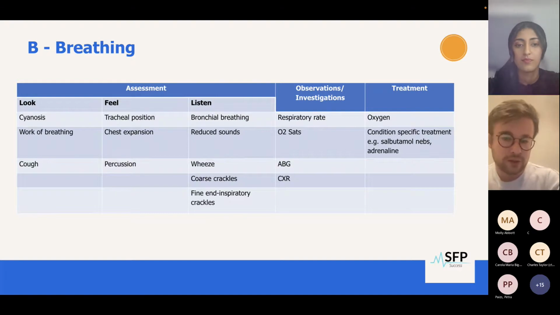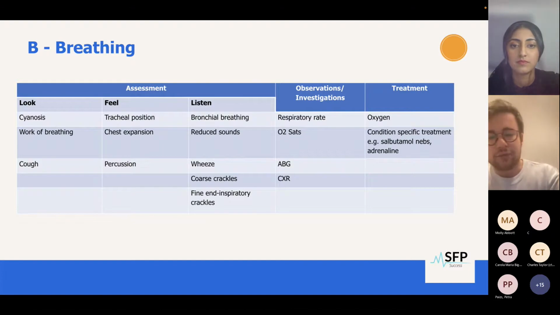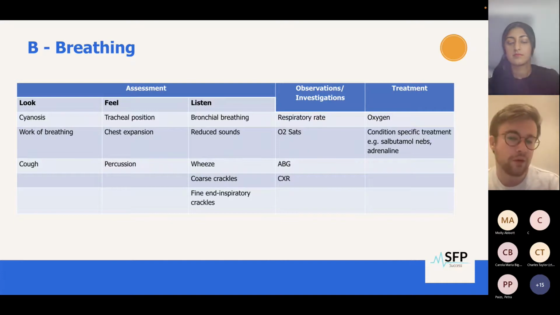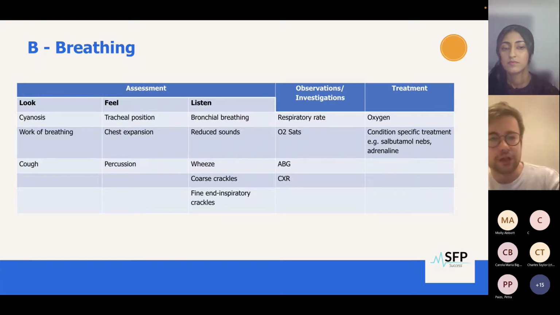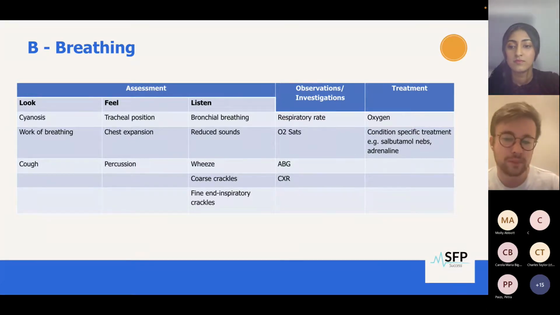In terms of observations, some of these you might already have to hand if you've asked a nurse to perform them before you get there. Very important are the respiratory rate, their oxygen saturations, and how much oxygen they're on. Usually in an emergency scenario, if their oxygen saturations are low, you would put most patients on 15-litre non-rebreathe.